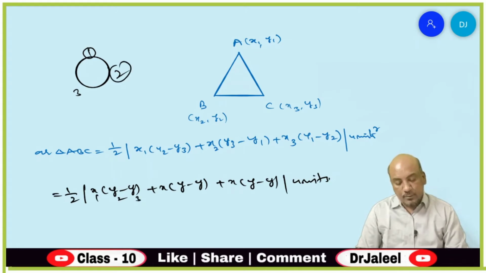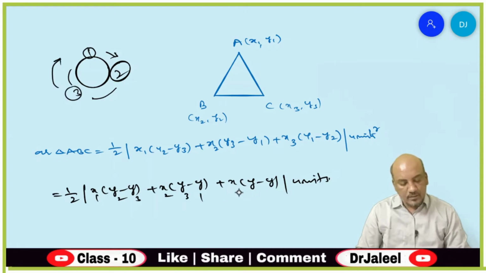If you start from 2, again 2 3 1, so you write 2 3 1. And if you start from 3, in the same way you write 3 1 2. So this is how you can remember the formula of area of a triangle. Now let us try to prove this.